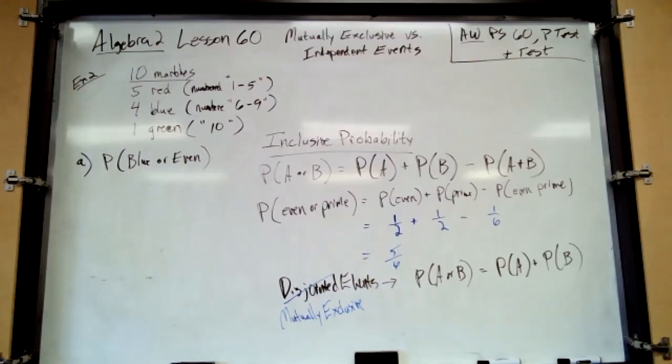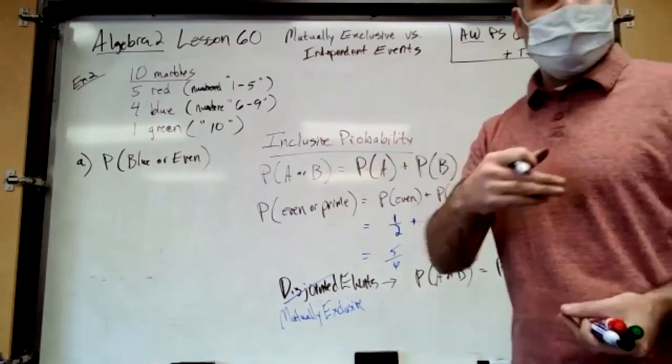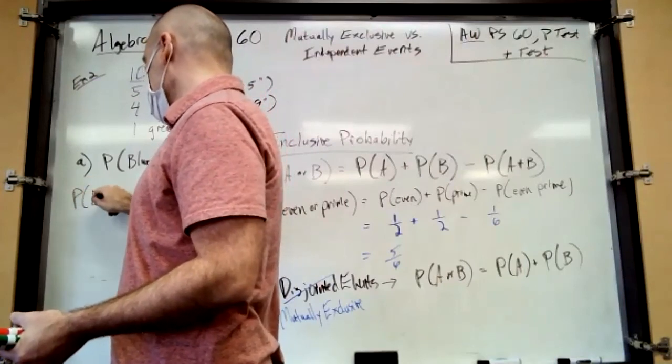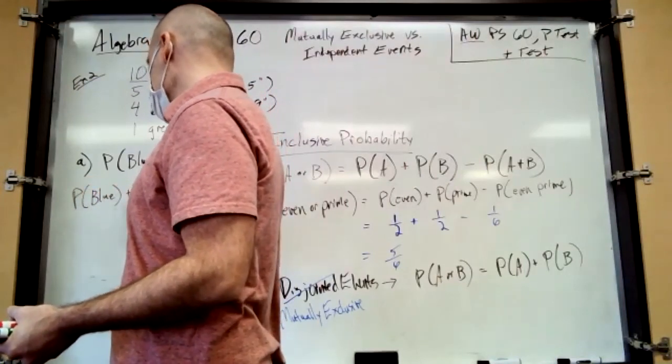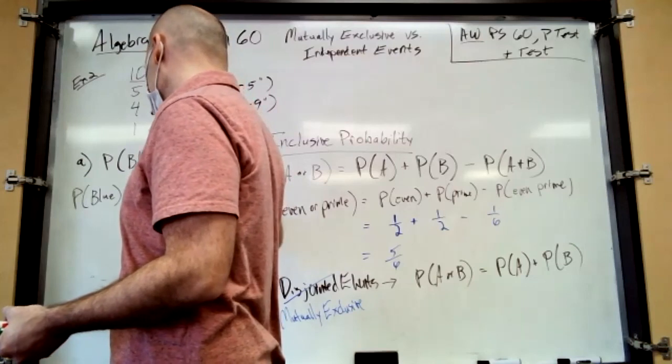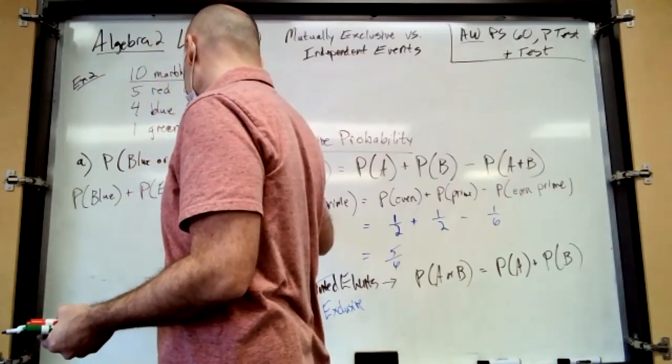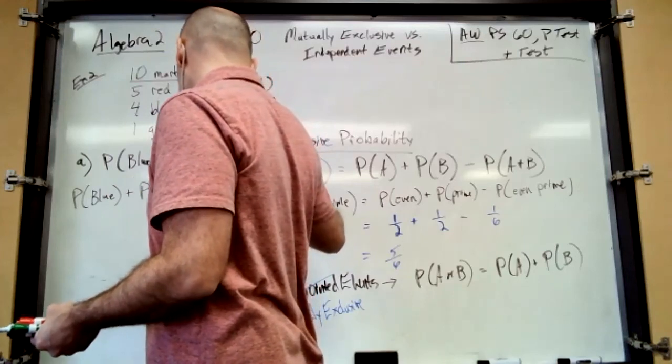Yes. Remember the blue marbles are labeled 6, 7, 8, and 9. So 6 and 8 are blue and even, those are the ones that we have to eliminate. So remember, this is going to be P of blue plus P of even minus P of blue and even.